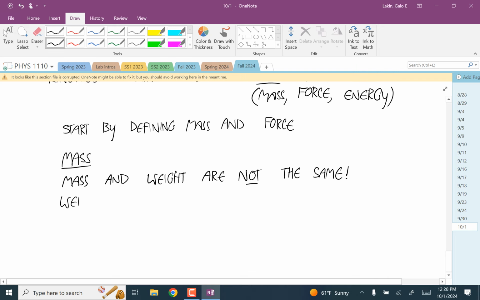Weight is the force gravity applies to an object.